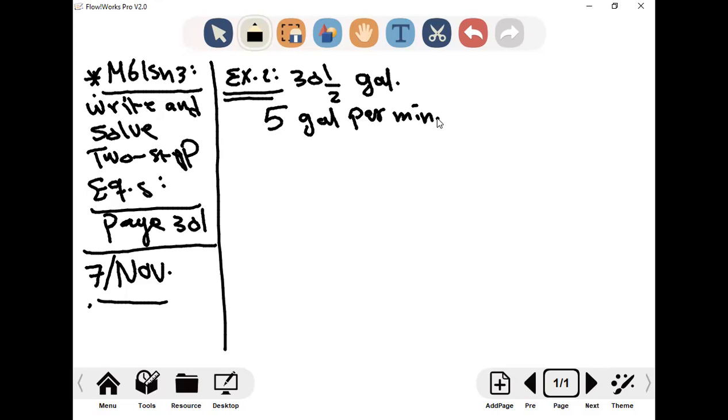So focus with me. The total amount of the water is how much? 30.5. Now the water decreased or increased? Decreased by passing of time, right? So we'll write minus. Stop.